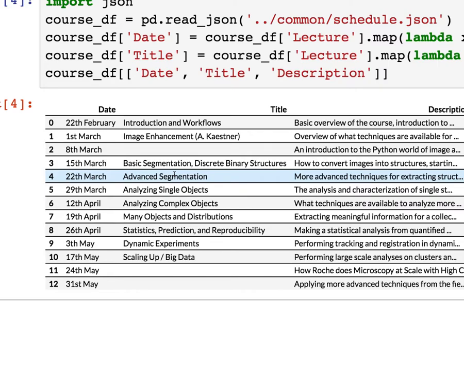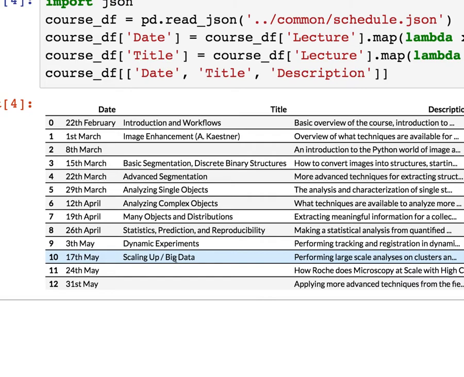And then advanced segmentation, so how do you go beyond the basic techniques. Single objects, complex objects, many objects and distributions, statistics, prediction, reproducibility, dynamic experiments, and then scaling up in big data.